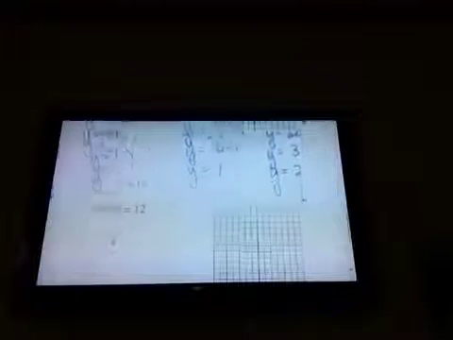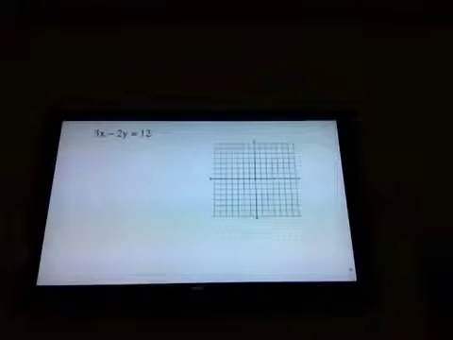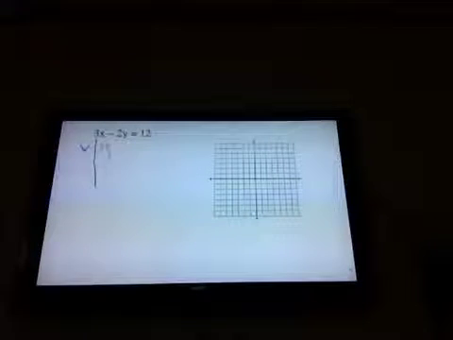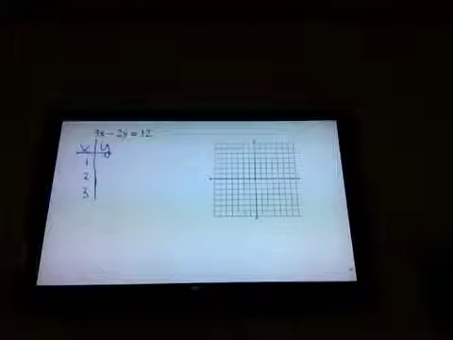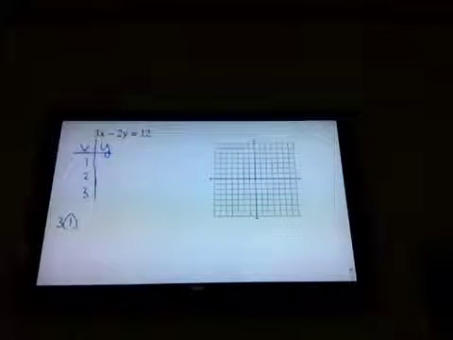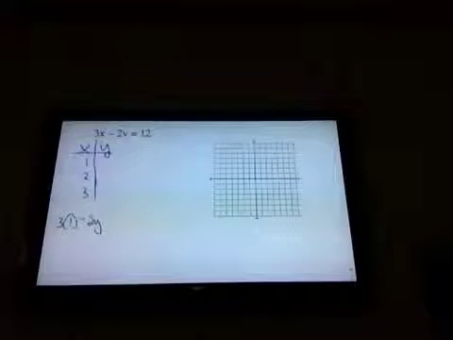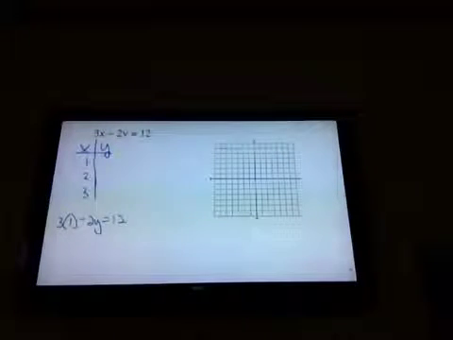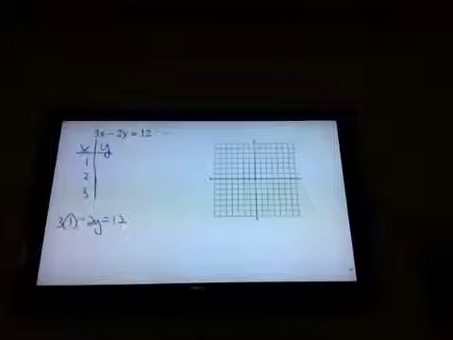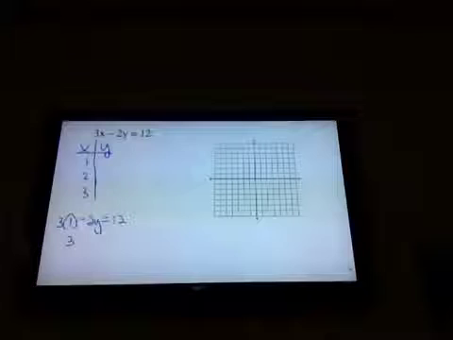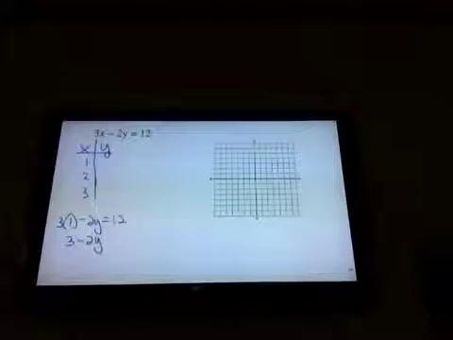Okay, our last one, which is probably the hardest of the algebra. So x is 1. So 3 times 1 is 3. Minus 2y is 12.